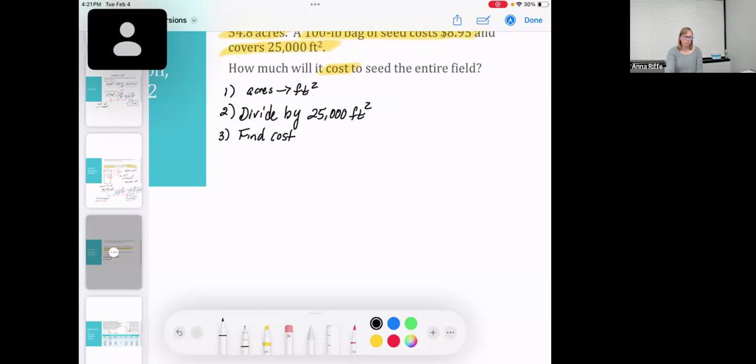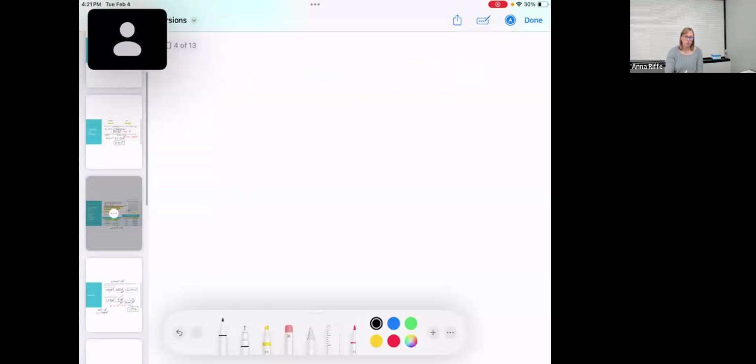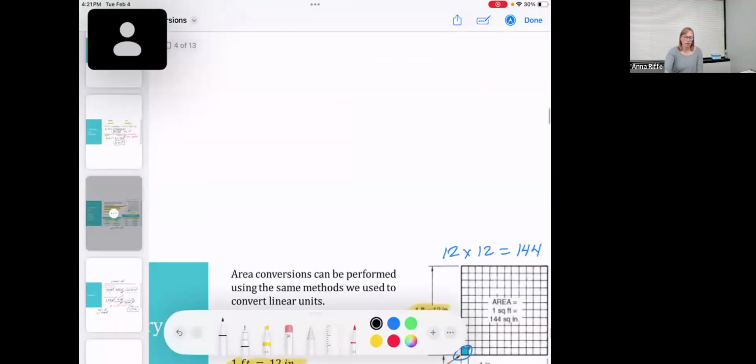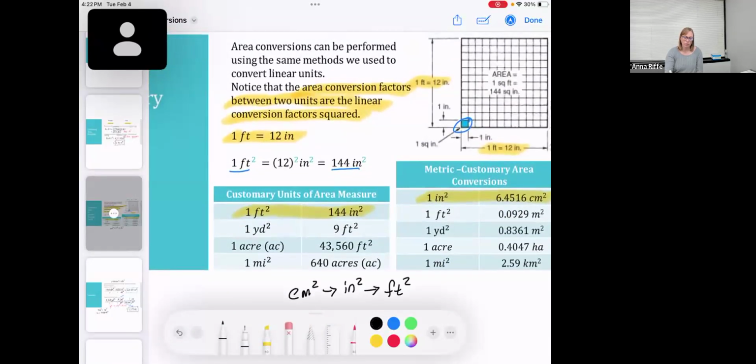Let's start with the conversion. Let's go acres to square feet. 54.8 acres. Let's turn that into a fraction. We want to go up to our conversions and figure out, how do I get from feet squared to acres?